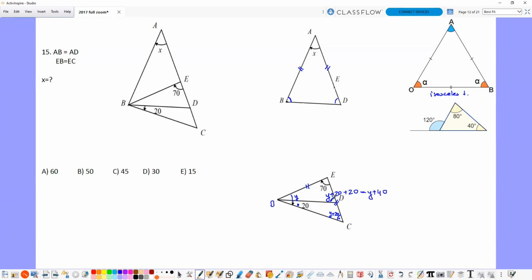Okay, so this angle is y plus 40, and also this one is y plus 40. Then we are going to get the x.